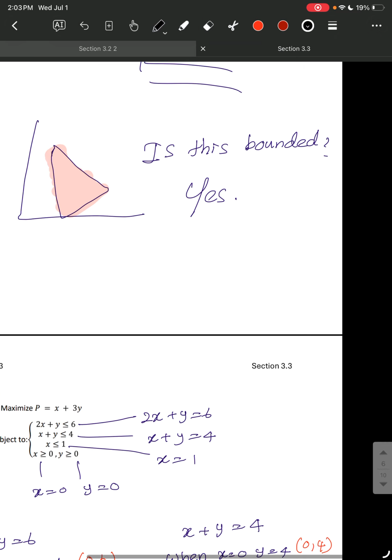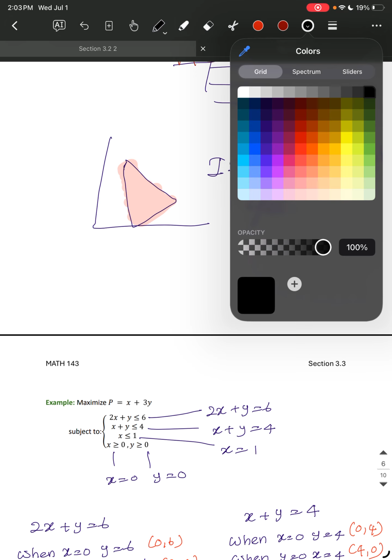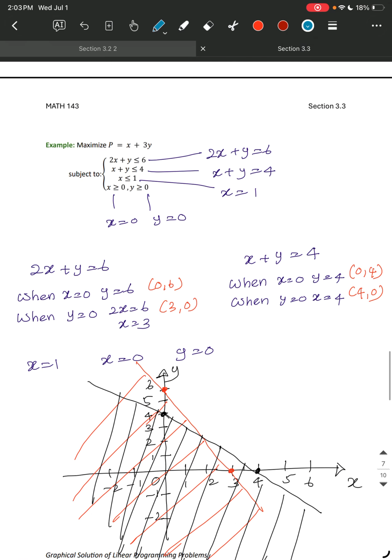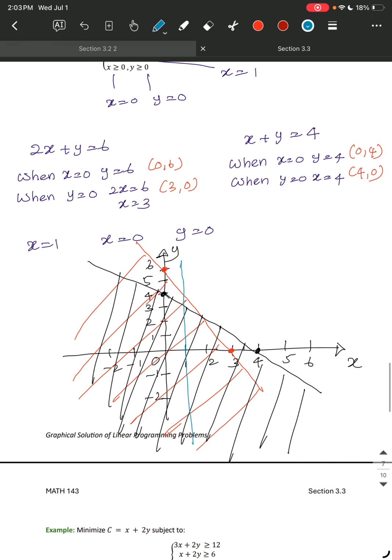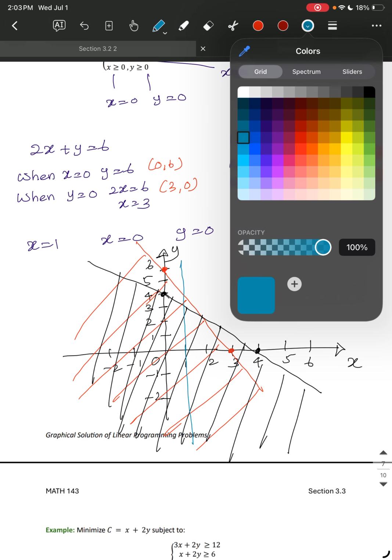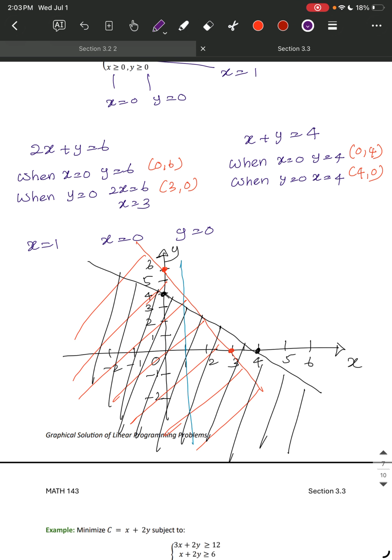Okay, then next, x equals 1, that is the x equals 1 line. And also x equals 0, that means the y-axis. This is x equals 1, this is x equals 0, and this is y equals 0, the x-axis.